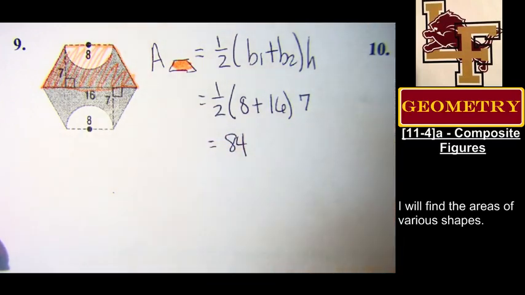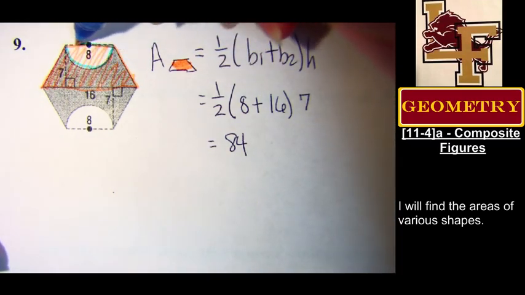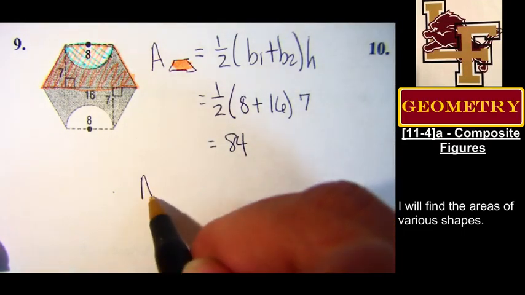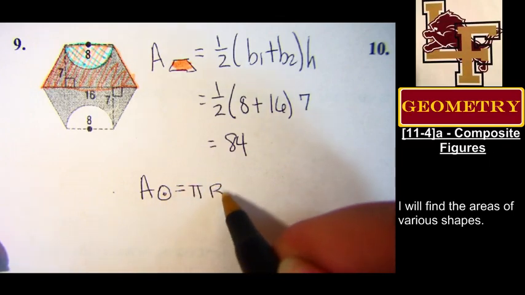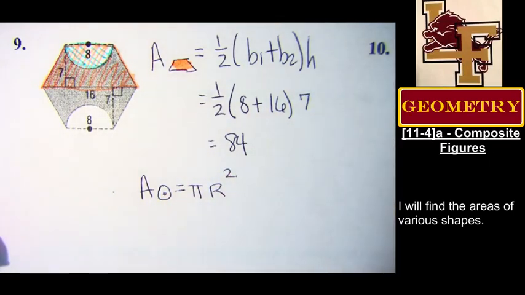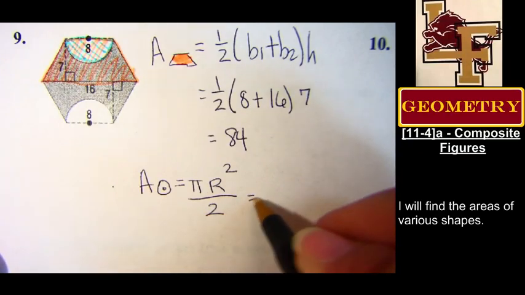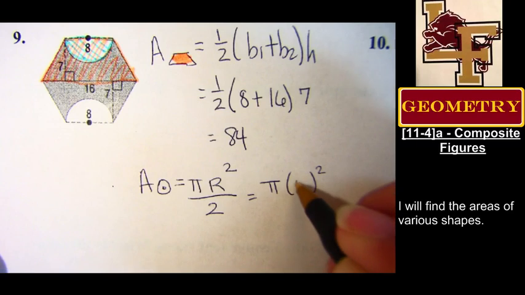All right. And now we need the area of the circle, this piece right here, because that's a void that we want to get rid of. But I only have the formula for area of a circle. I don't have a formula for area of a half circle. Just divide by 2. So we're going to divide this by 2 when we're done. What's the radius of this half circle? 4.